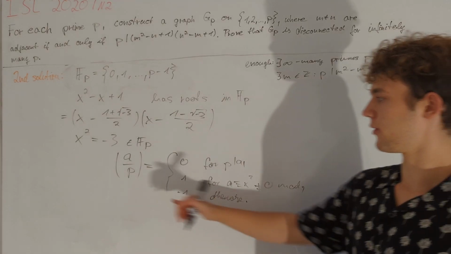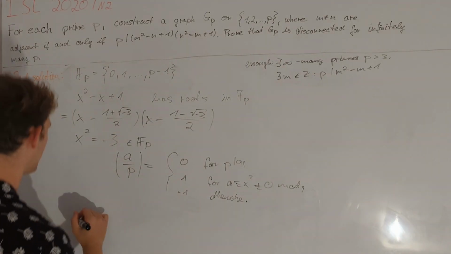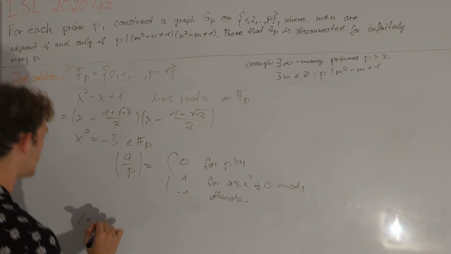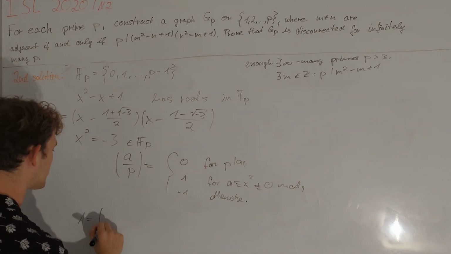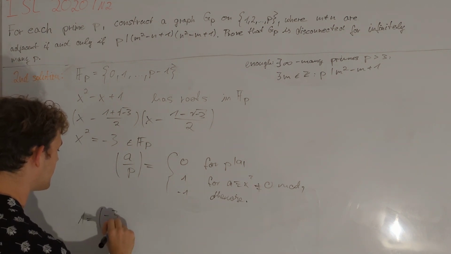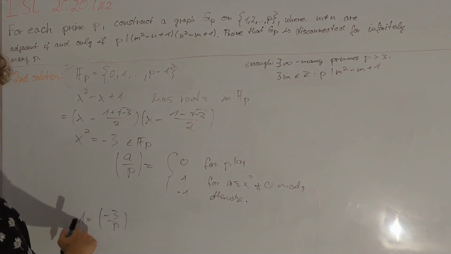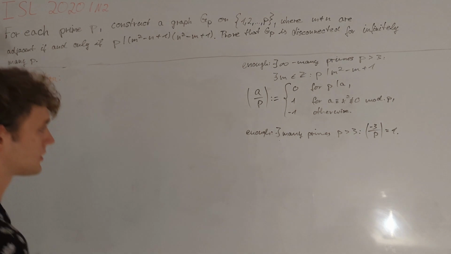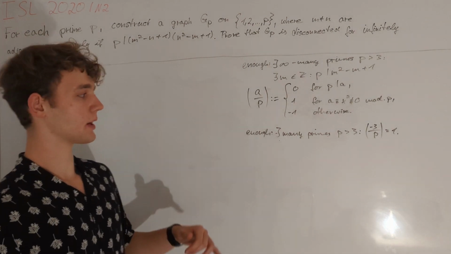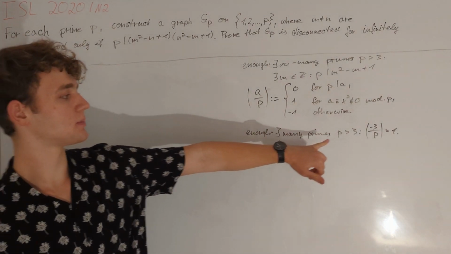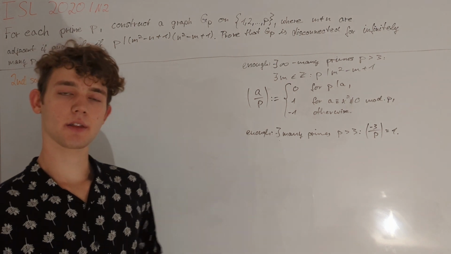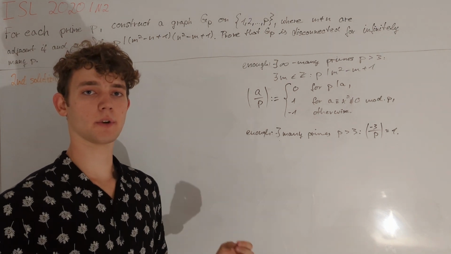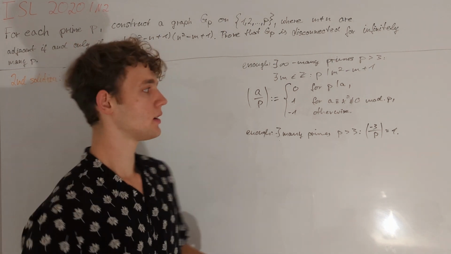And therefore, by this definition, we only want to find infinitely many primes such that the Legendre symbol of -3 over p is equal to 1. And we want to prove that this relationship is true for infinitely many primes p. So we have reduced the problem again to finding infinitely many primes p greater than 3 such that the Legendre symbol of -3 over p is equal to 1.